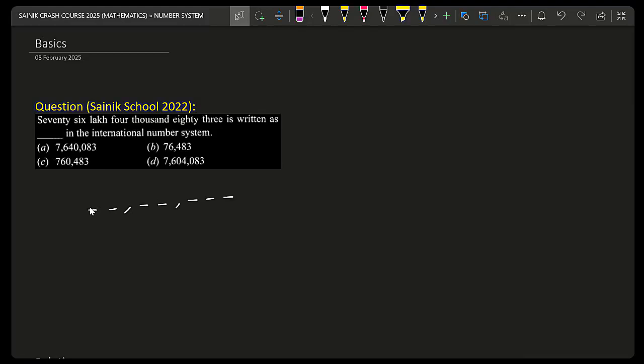Okay, now you read the number, Srivatsa. 76 lakh. Wait a minute. 76 lakh. That means in the lakhs period, which number do we have to write? 76. So let us write 76 in the lakhs period. Now you continue reading the number.